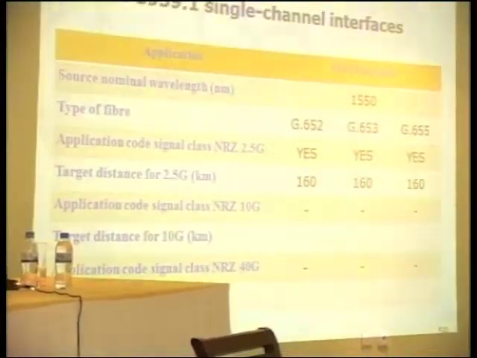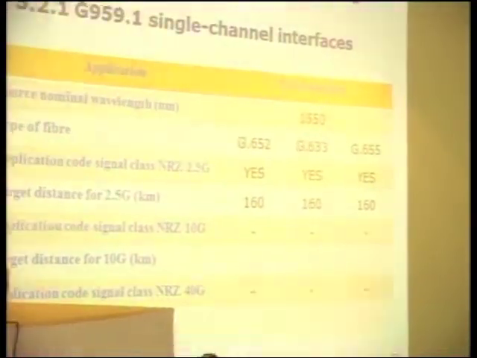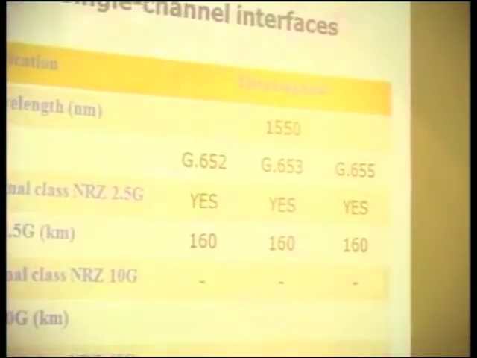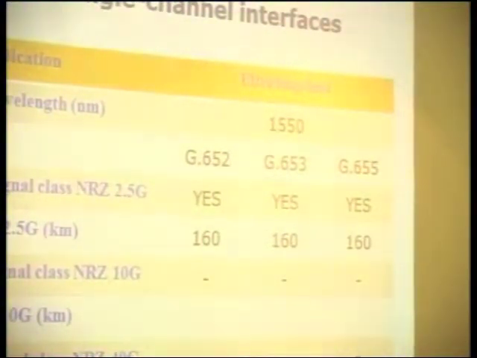Ultra long haul, 160 kilometers, any fibers, only 2.5 gigabit per second. These systems are specified for any type of fiber for the same length, for the same bit rate.